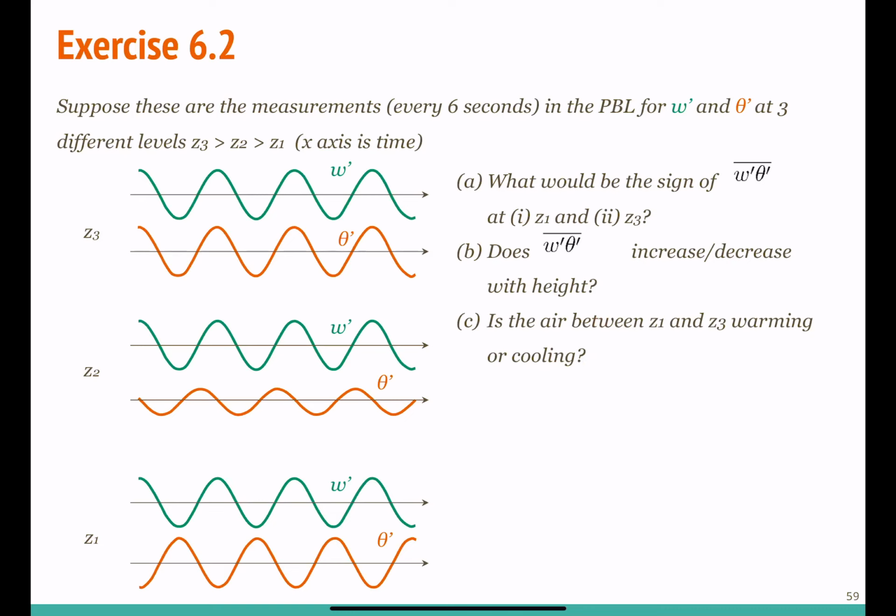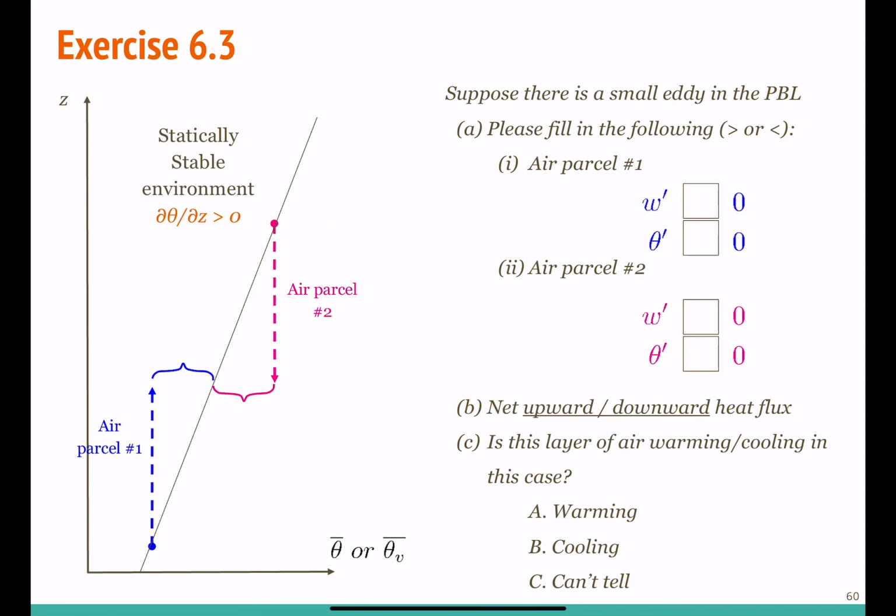Make use of the equation that we have just talked about. Here you need to fill in the blanks, larger or smaller, in these 4 boxes, and then you know whether it's upward or downward heat flux, and you also know whether your air is warming or cooling, or you can't tell.